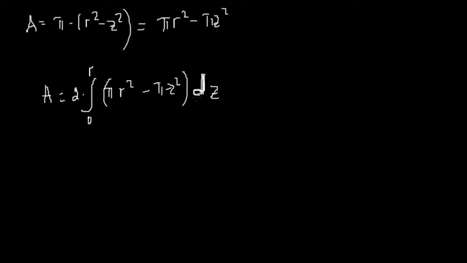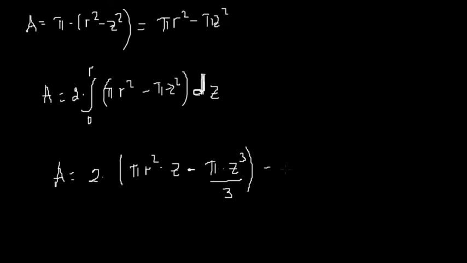So yes, we can now do the job. So in this case, A is equal to 2 times pi r squared times z minus pi times z cubed divided by 3.